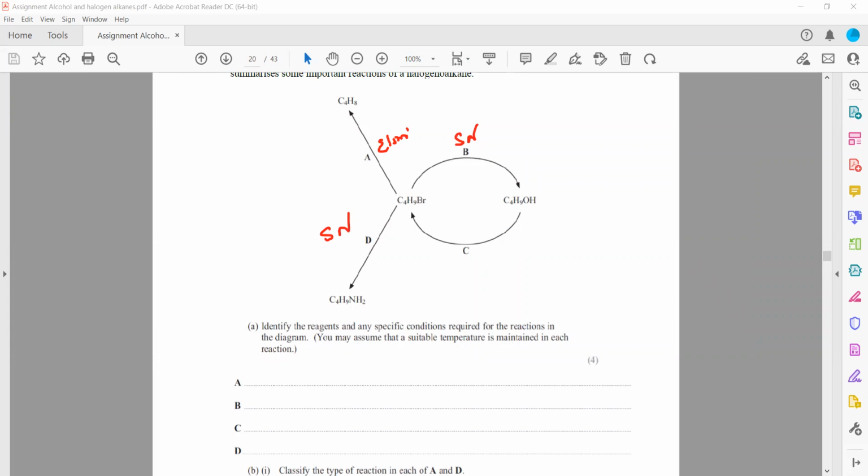So the first one, because we want an elimination reaction, for it to undergo elimination reaction, we prefer that we should have an alcoholic solution reacting with potassium hydroxide. The second one, nucleophilic substitution, SN reaction is there. So it should be ammonia, in dry ether, or alcoholic as well. The medium is alcoholic.